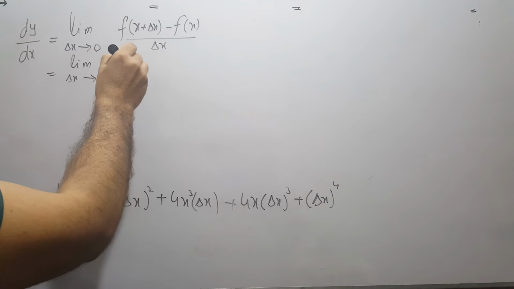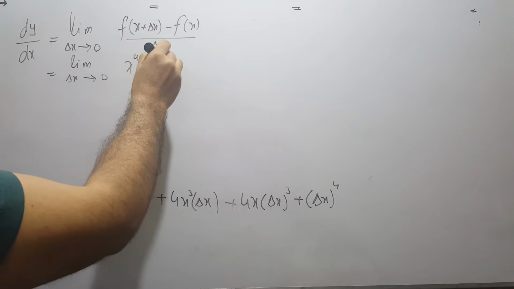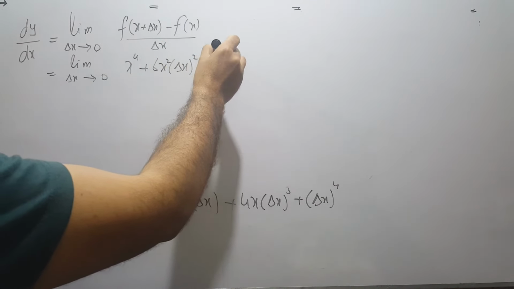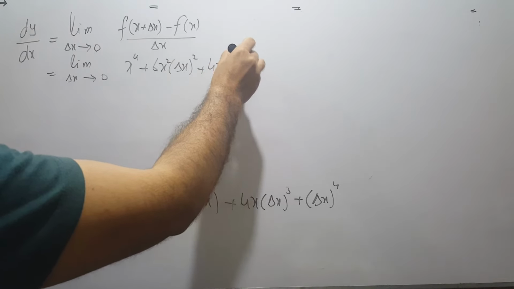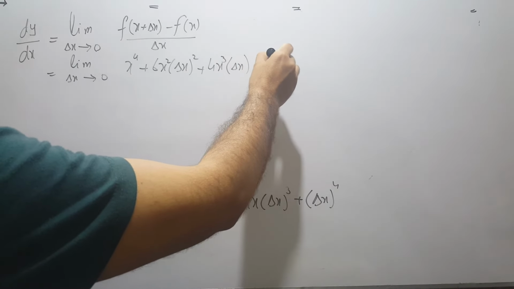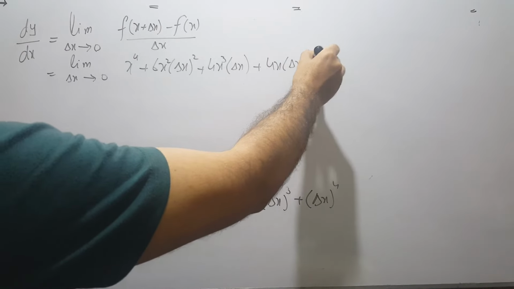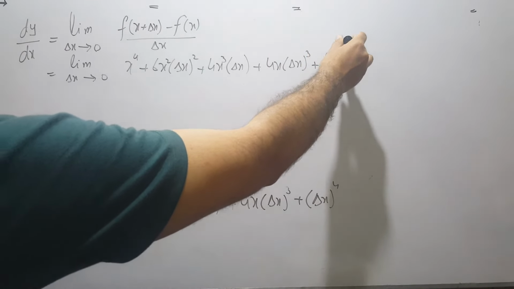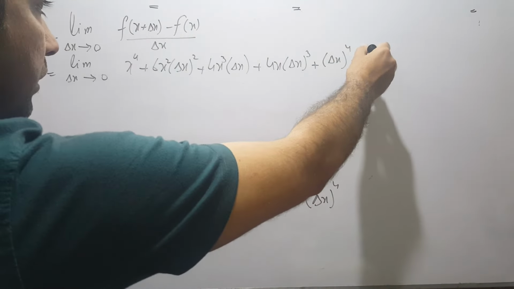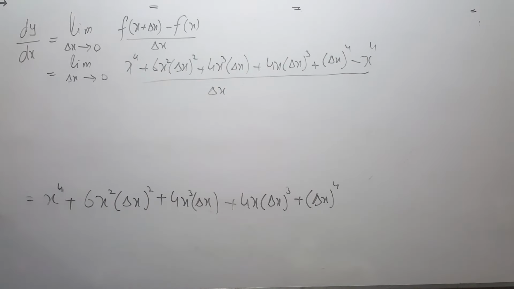So for x plus delta x, we have x power 4, 6x square delta x square plus 4x cube delta x plus 4x delta x cube plus delta x power 4, and minus f of x, which was x power 4, divided by delta x.